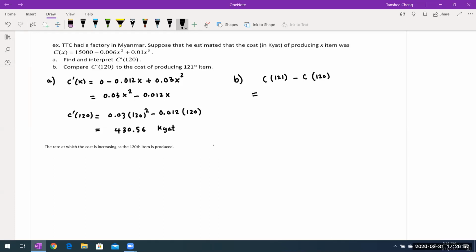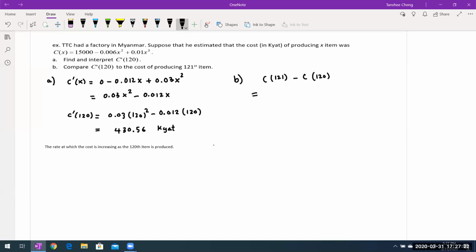So we put 121 into this cost function using the calculator. Make sure that on a calculator, you don't need to punch it in over and over again. You can just recall it from what you already punched in. Make sure you know how to do that, so that will help you speed it up.